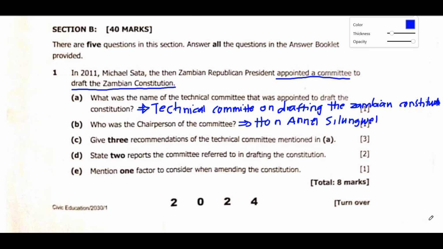We move on to question C. Give 3 recommendations of the technical committee mentioned in A. So the first one, we can say scrutinizing comments. Then the second one would be to draft the constitution based on the previous group.